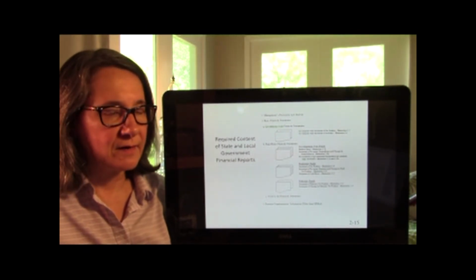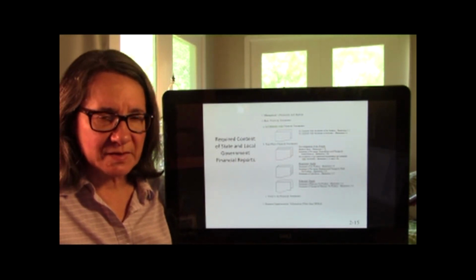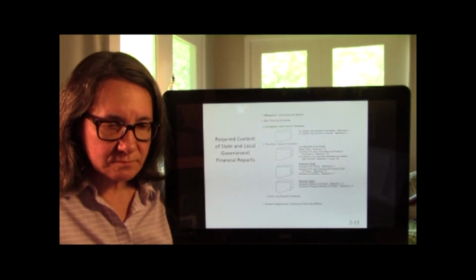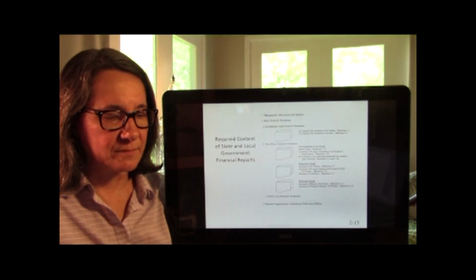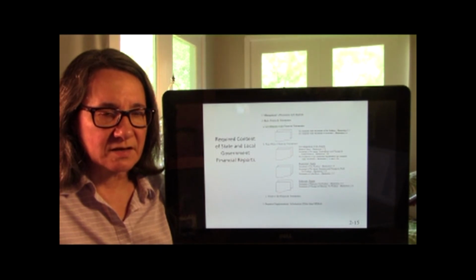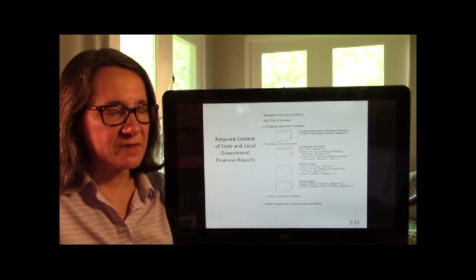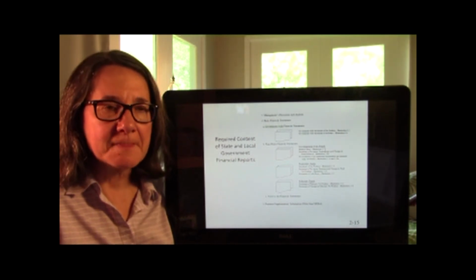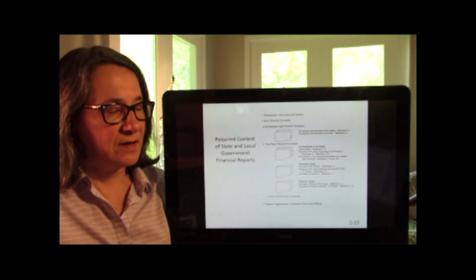from a corporation, you kind of know what to expect now. You know there's going to be an income statement, and then a statement of changes in owner's equity. There's going to be a balance sheet, and a cash flow statement, and that's it.